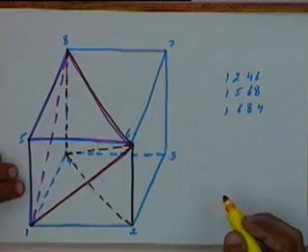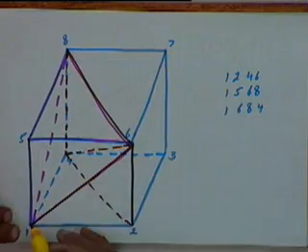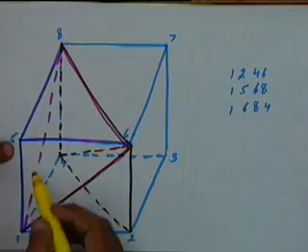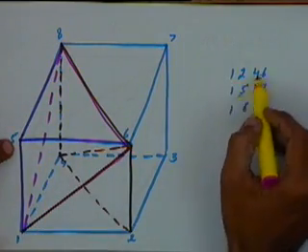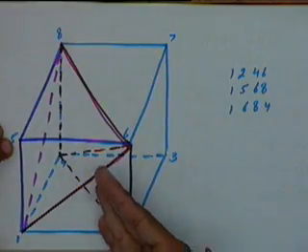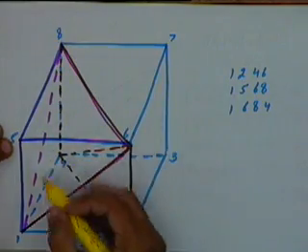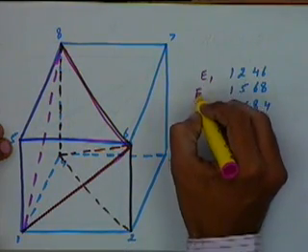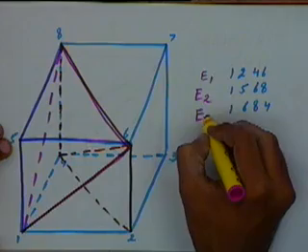This is the second tetrahedron, and 1, 6, 8, 4 is the third tetrahedron, which is obtained if I remove 1, 2, 4, 6 and 1, 5, 6, 8 from this half. So this way this half will be divided into 3 tetrahedrons. Let us say this is my element 1, this is my element 2 and this is my element 3.